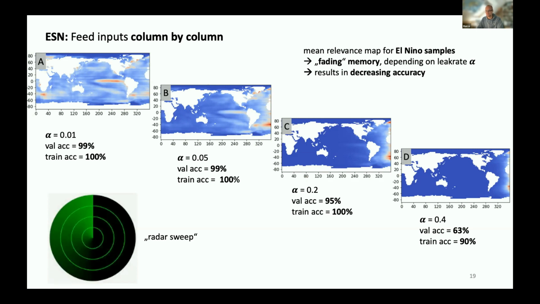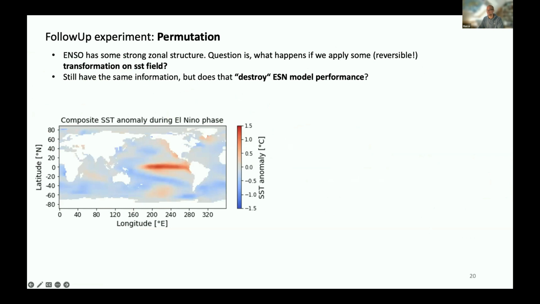That's what we found. But what we were also interested in is some kind of permutation experiment. We see that this is a really strong zonal structure here for this El Niño pattern. And we ask ourselves if this whole classification thing with echo state networks only works because we have this long and thin structure in this tropical Pacific area.